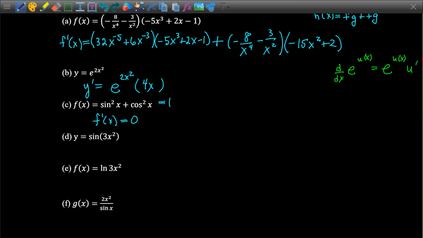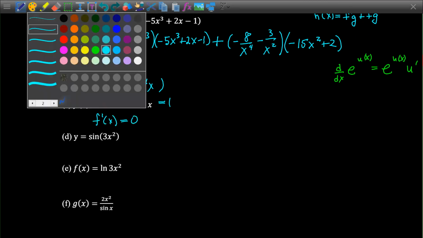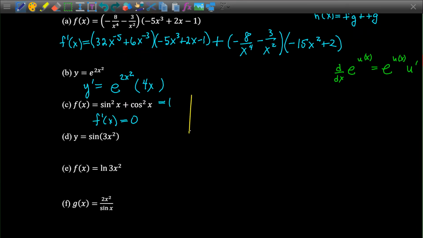The derivative of e to the u of x is e to the u of x, and then multiply by u prime. That's the application of the chain rule. So this is just e to the 2x squared, and then multiply it by the derivative of 2x squared, which is 4x.